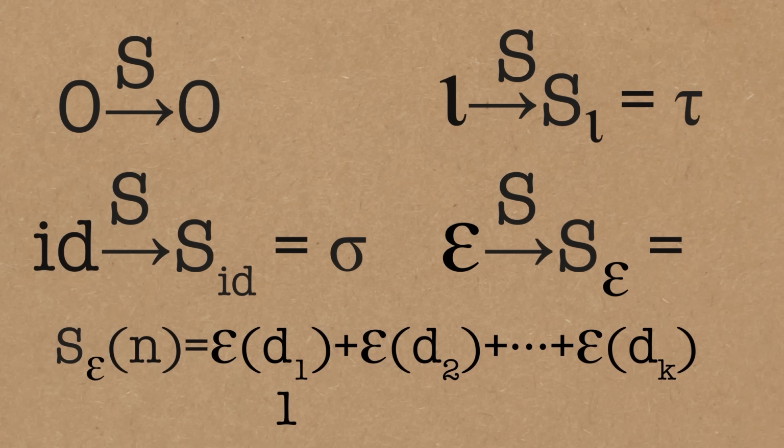So there's going to be 1 and then zeros altogether. So no matter what n I plug in here, overall I'm just going to get 1. So the sum function of epsilon is iota, the constant function. The sum function of iota is tau, so we are getting a chain of functions.